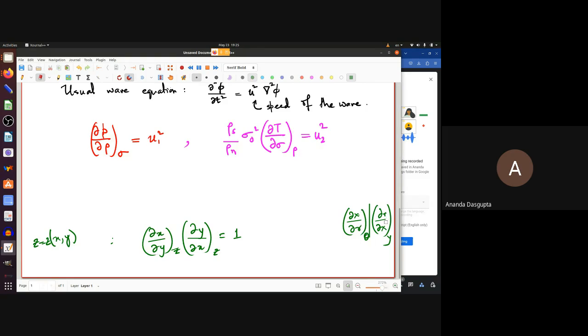These two things are not reciprocal basically because they are evaluated under different conditions. But if you evaluate the derivatives under the same condition, in this case both z being constant, then these are actually reciprocals of each other. However, a more interesting thing happens when you multiply this.